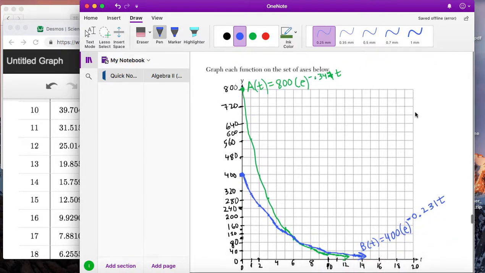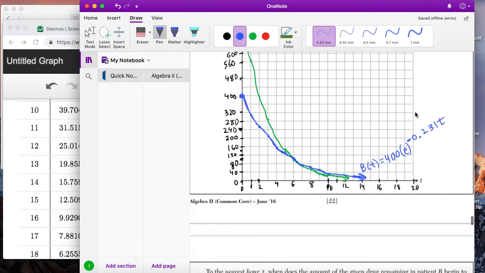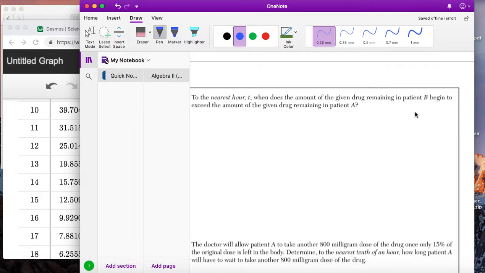So we write the two functions and graph the two functions. Now we're going to go on to the next part of this question. Graphing these exponents was no joke. To the nearest hour, that's rounded to the nearest whole number: when does the amount of drug remaining in patient B begin to exceed the amount remaining in patient A?